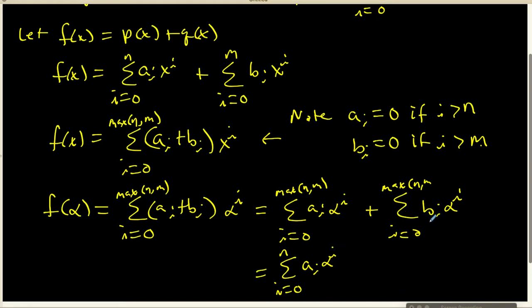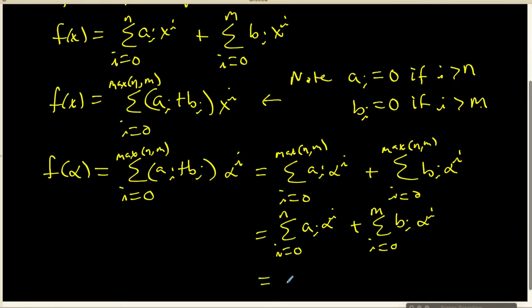Once we get bigger than m, all of the bi's are going to be 0. So that sum is actually just going to be the sum as i goes from 0 to m of bi times alpha to the i. And what we now have is that this is nothing more than p evaluated at alpha plus q evaluated at alpha.